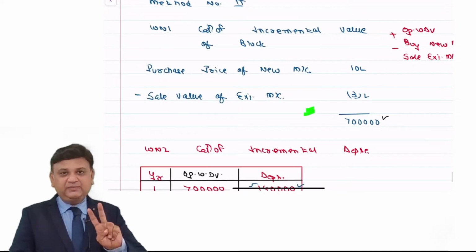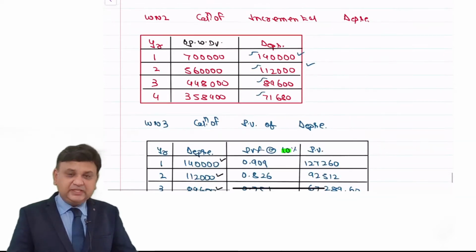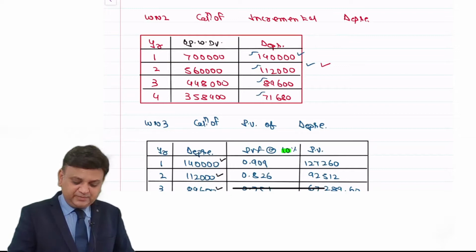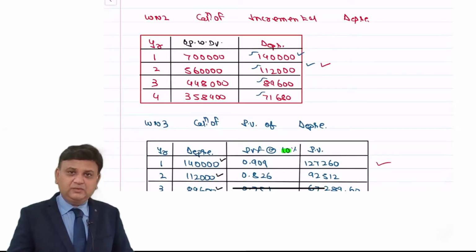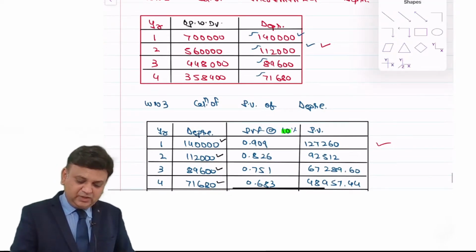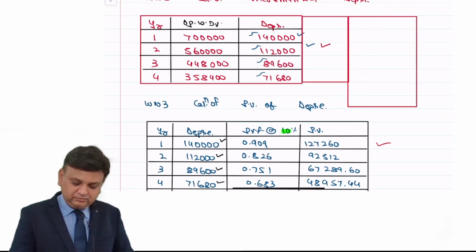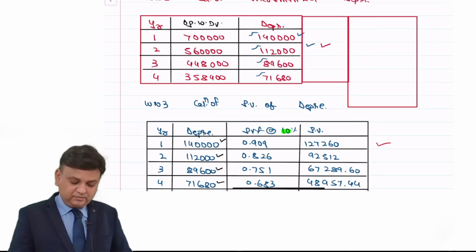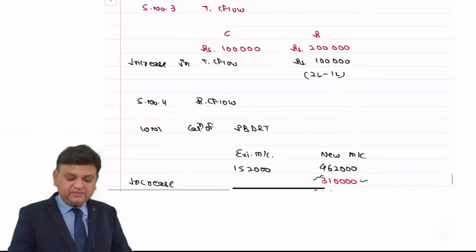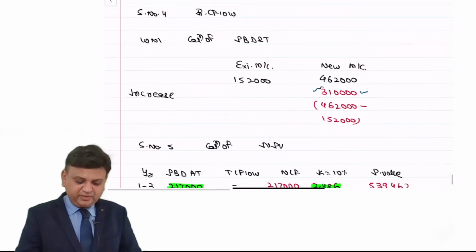Step number 2, incremental value of the block. Then you compute the incremental depreciation and its present value. You can add over here only the present value factor column, and you can compute its present value. Step number 3, terminal cash flow, that's very nominal.